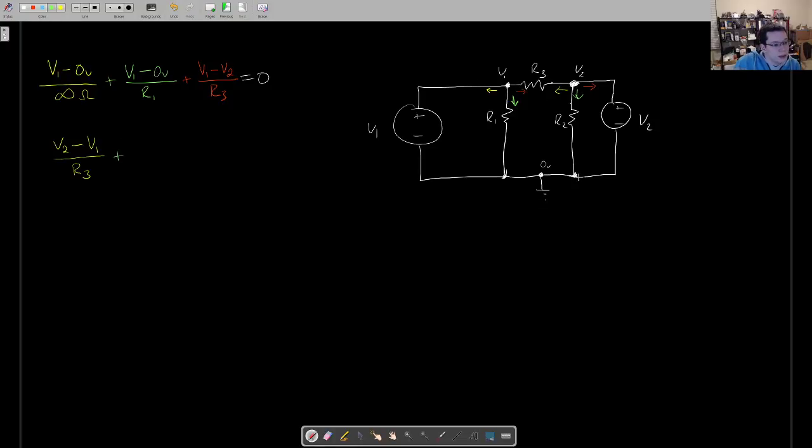V2 minus what's on the side, 0 volts, divided by the resistance, which is R2. V2 minus 0 volts divided by infinity ohms.